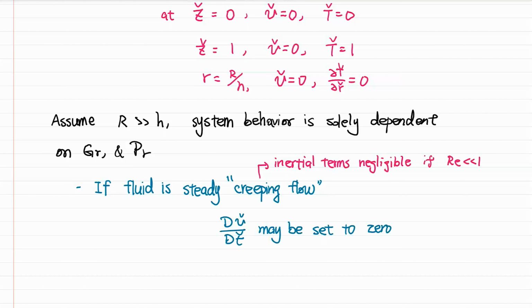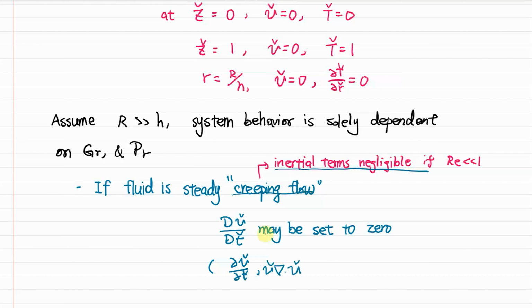Why is that? Because the substantial derivative is actually partial v partial t, which is 0 for steady flow, plus the gradient part, which would be v dot gradient v. And if it's a creeping flow, the inertial terms are negligible.